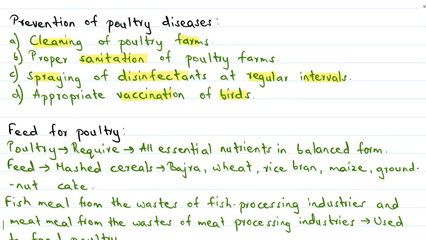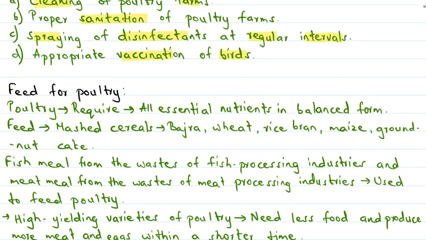Okay. Then we discussed the feed for poultry. So poultry or domesticated fowl also require all the essential nutrients in a balanced form. So the feed that poultry require includes mashed cereals like bajra, wheat, rice bran, maize and groundnut cake.